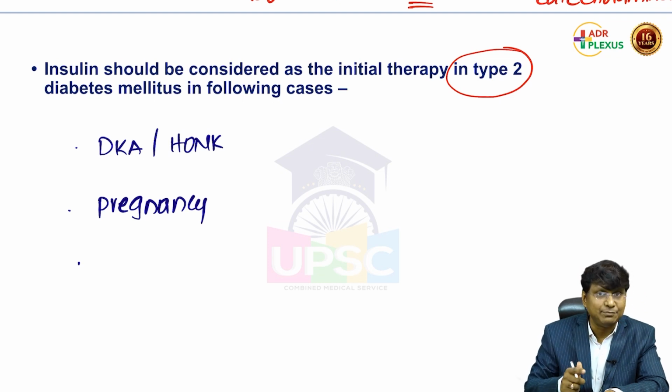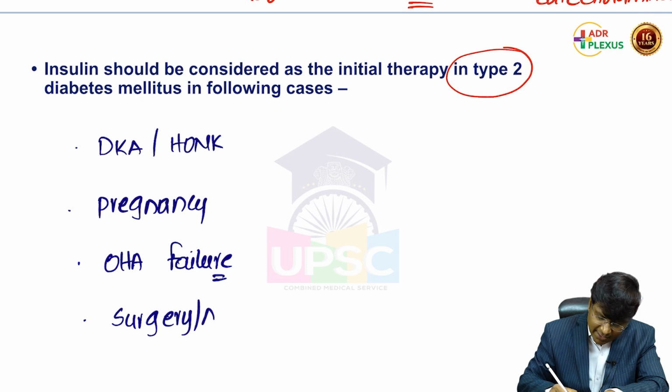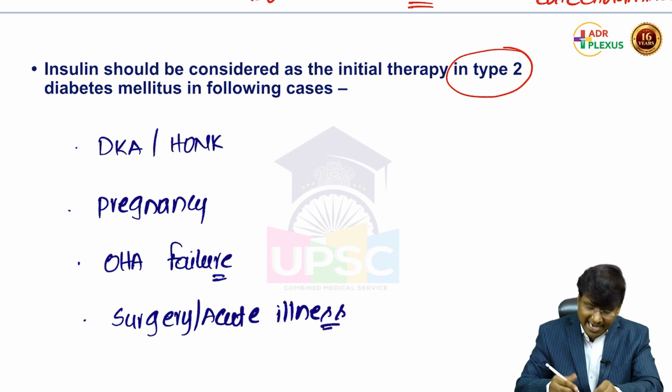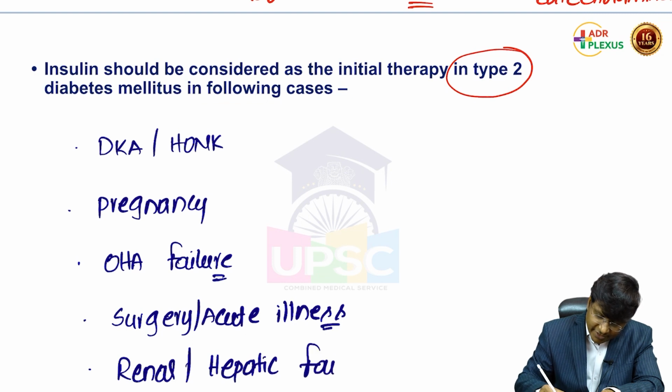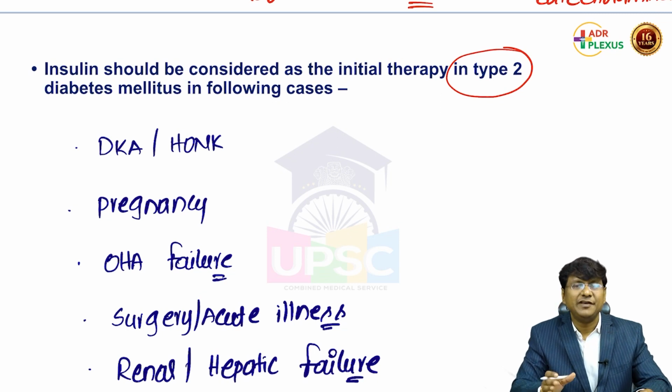A patient with type 2 diabetes with OHA failure, okay, not responding to the oral hypoglycemic agents, or a patient who has developed an acute illness or is undergoing surgery, then in such cases we stop the OHA and start the insulin, right? And the patient who has developed renal or hepatic failure with type 2 diabetes mellitus, then we give insulin. So these are the scenarios where we give insulin in type 2 diabetic patients, right?